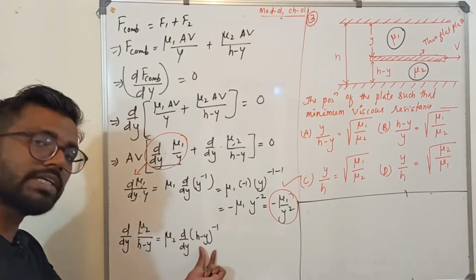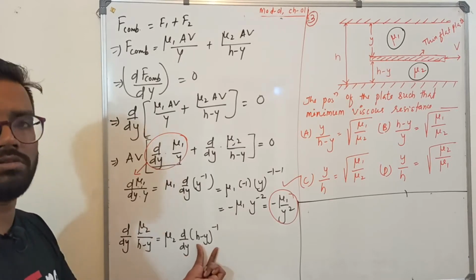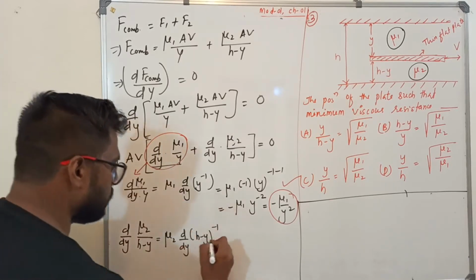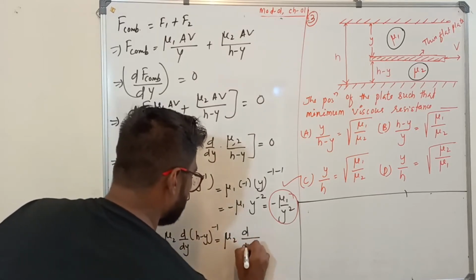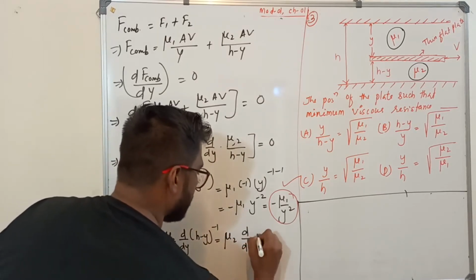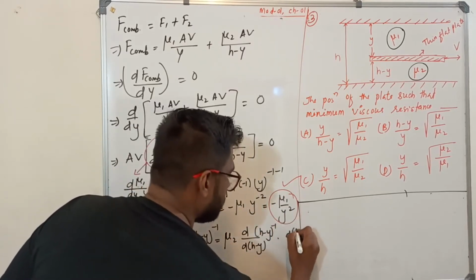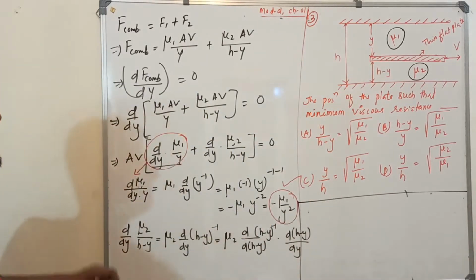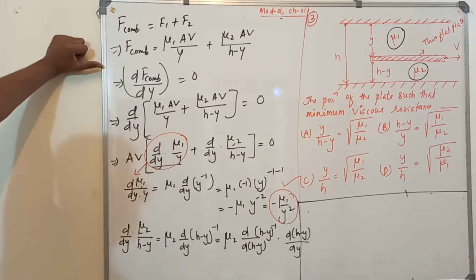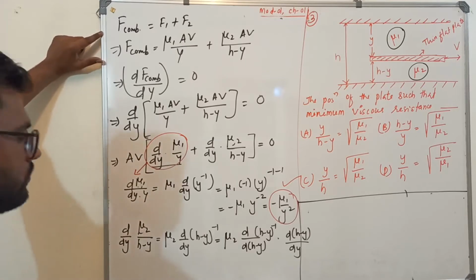Here h minus y is there, here y is there. Can you differentiate directly? No. So what will you use? Chain rule. So mu2 into d by d of h minus y of h minus y to the power minus 1, into d of h minus y by dy. We have used the chain rule.